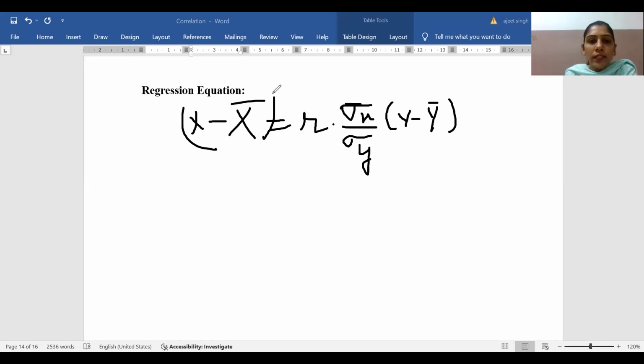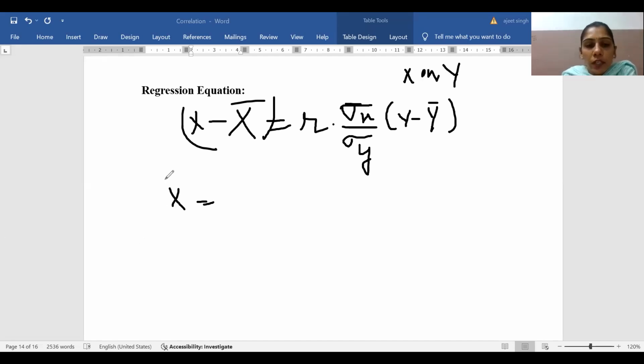So now let's understand what x is. x is the value of the variable that is to be predicted, as this equation is for x on y.